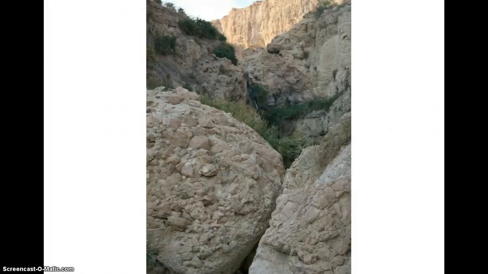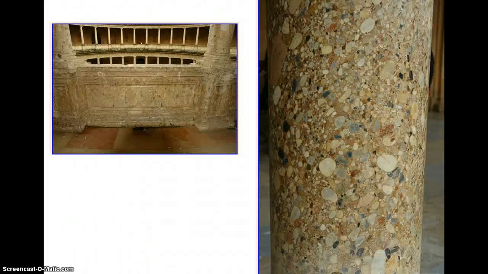These were some conglomerates that I took a picture of while I was hiking one day. And again, you can see these large clasts, these large grains inside the bigger boulder. Here's a conglomerate that was found in a building in Italy, where they actually used the conglomerate to build these columns.